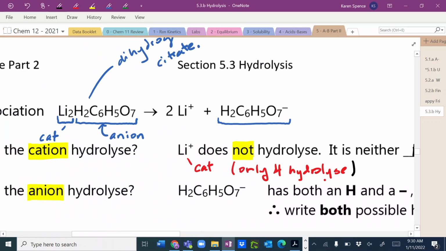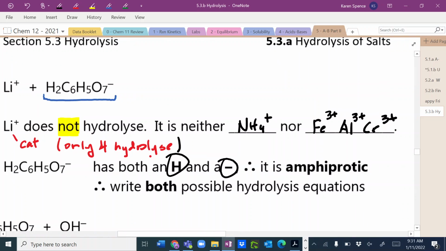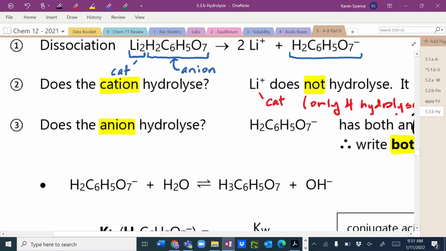Now, we just looked at our anion, the dihydrogen citrate ion, on the chart, and it has both that H plus and its O and a minus, and therefore it is amphiprotic. So we are going to have to write both possible hydrolysis equations.